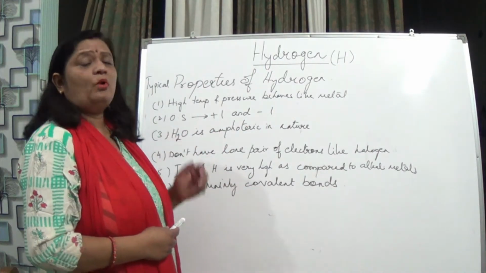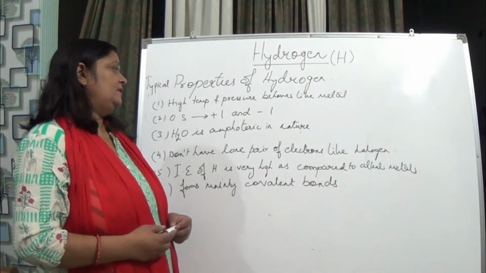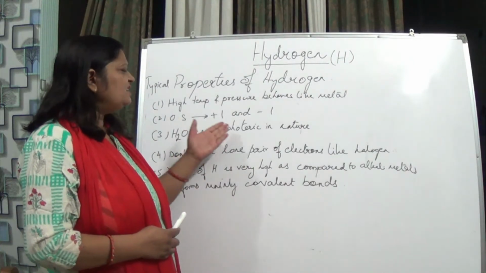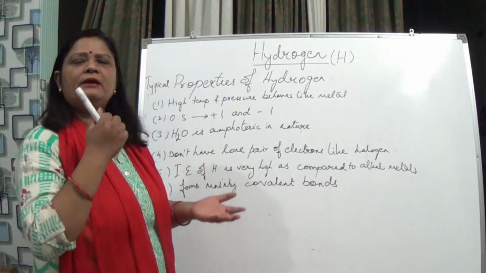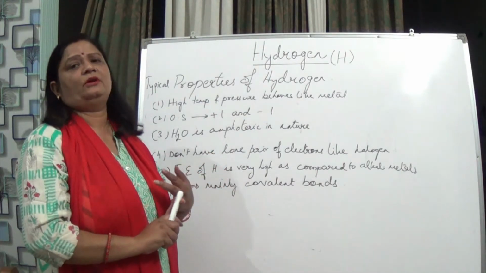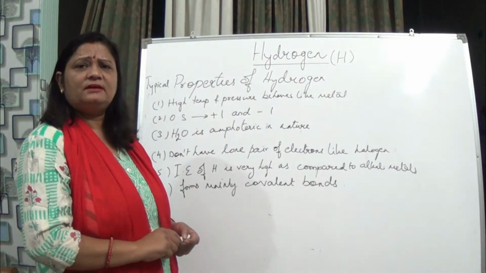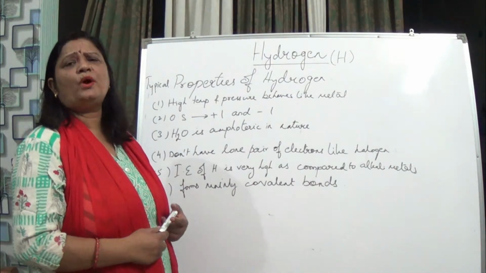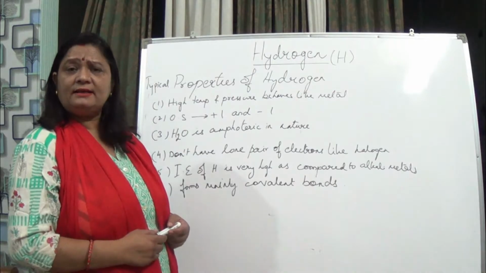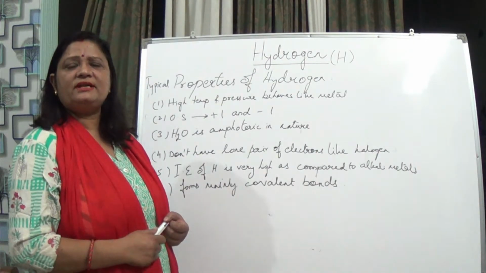Now, when we see the oxide of hydrogen, water, it is amphoteric in nature. It has acidic behavior as well as basic behavior. But when we talk about halogens, their oxides are acidic in nature, and oxides of alkali metals are basic in nature. So here also there is a difference.